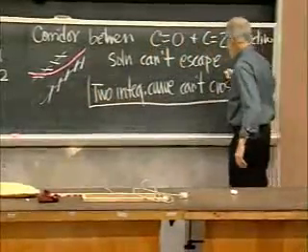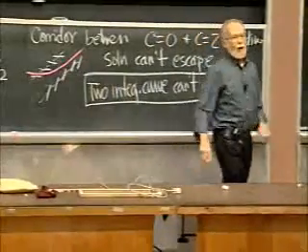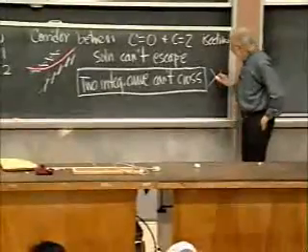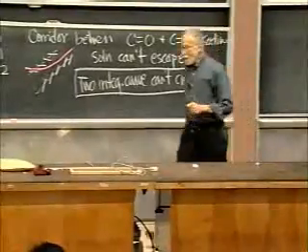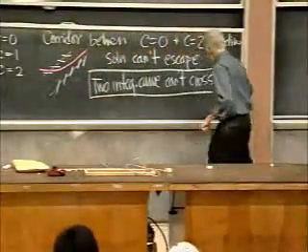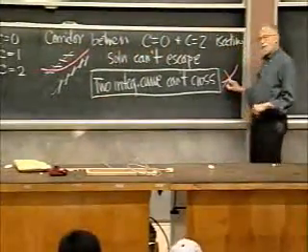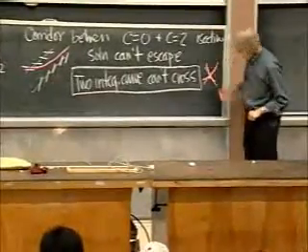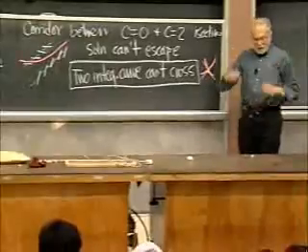Let's put that up, at least in a white box. They can't cross because if two integral curves are trying to cross, one will look like this because it's an integral curve with this slope, and the other integral curve has this slope, and now they fight with each other.